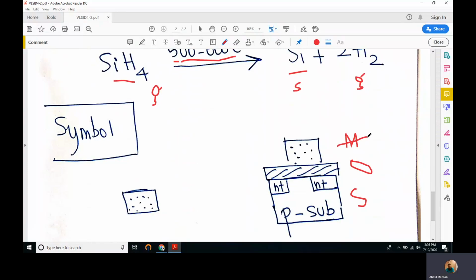In modern VLSI design, we don't use metal to fabricate this gate material. Rather, we use polycrystal silicon, or poly, because it can withstand higher temperatures that are common in modern VLSI design.